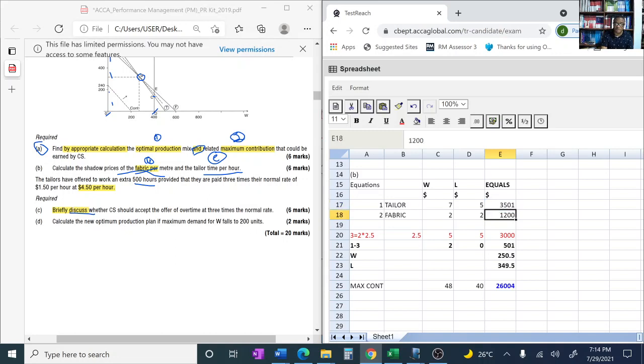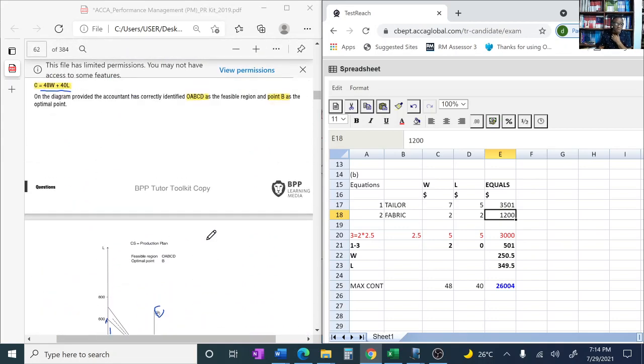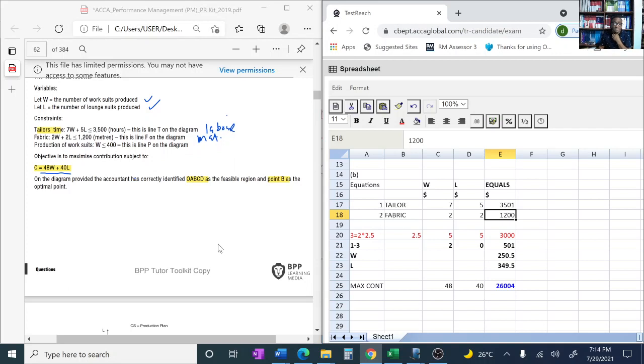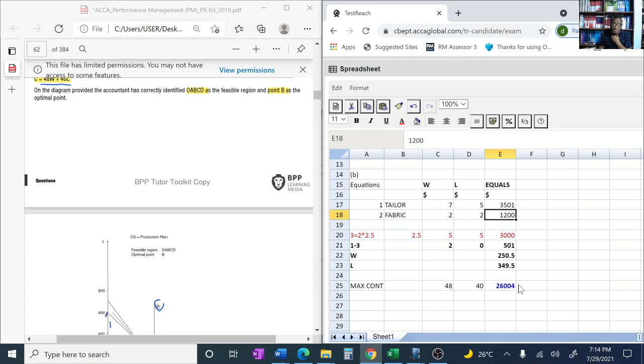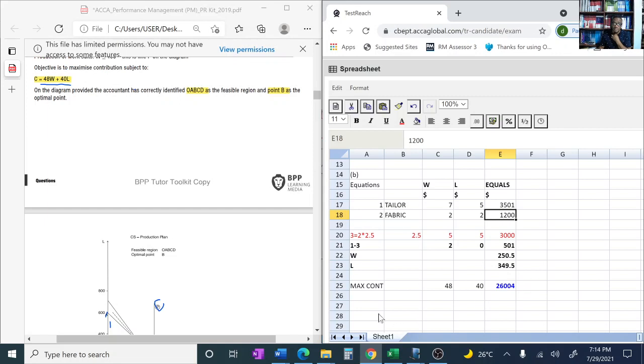So 3,501. And then immediately I can find the new contribution, so then I can find shadow price.